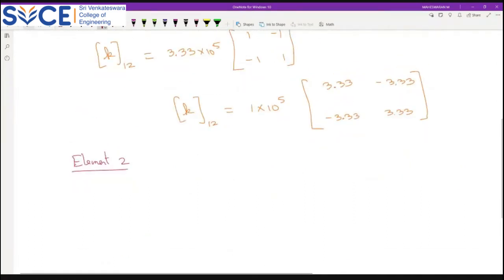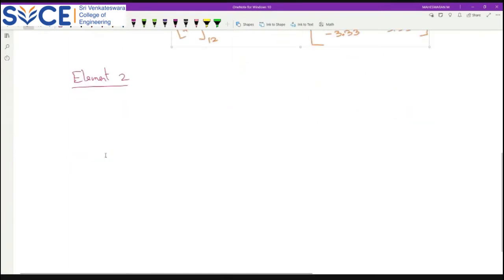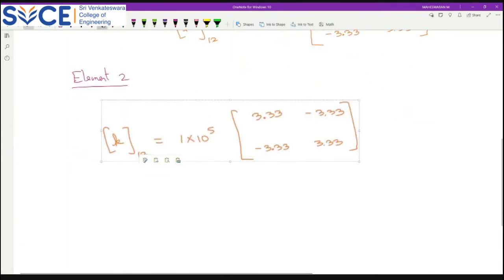So I'll just rewrite this particular value. Same thing I'm going to get for element 2 also. No change, right? The only thing I have to change is the address, which should be 2, 3, connecting nodal point 2 and nodal point 3.